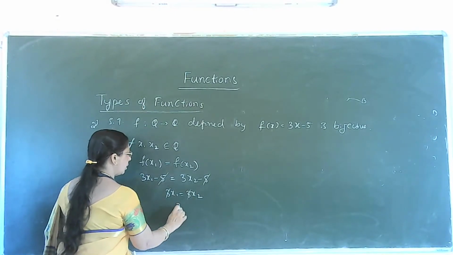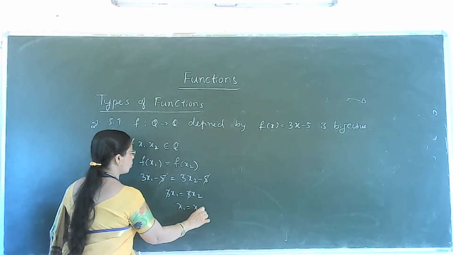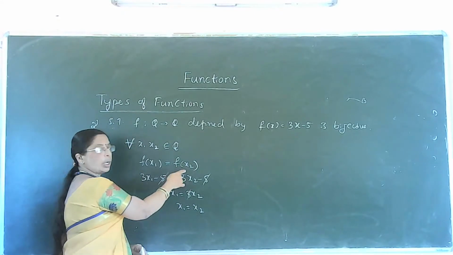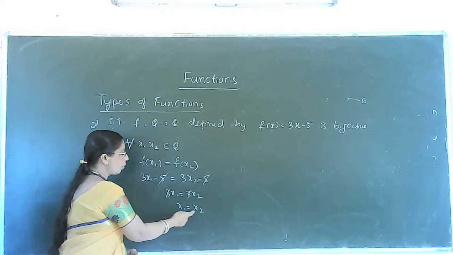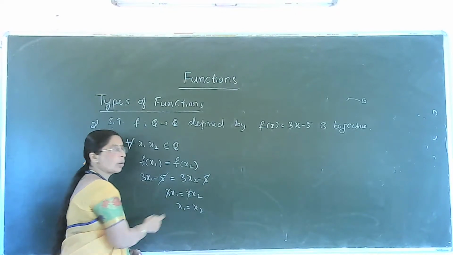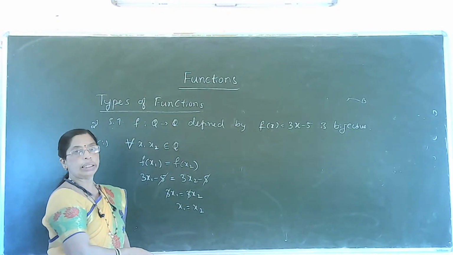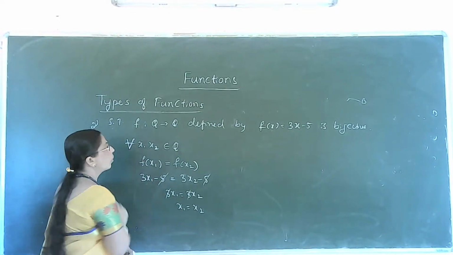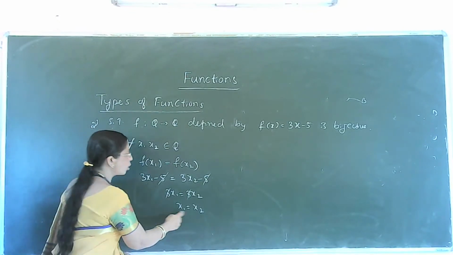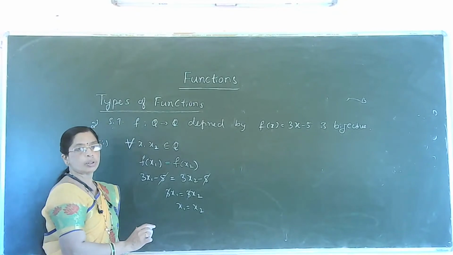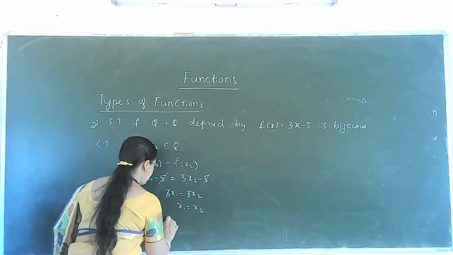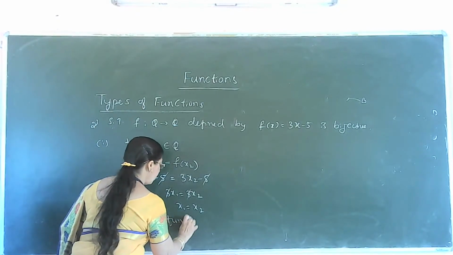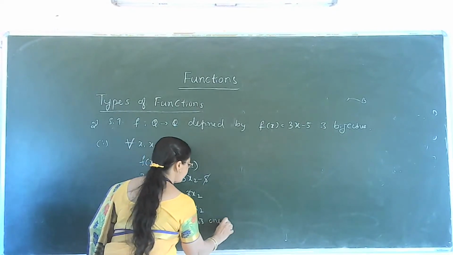Here also 3 cancels. Then x1 is equal to x2. If f of x1 is equal to f of x2, then x1 is equal to x2 also. Then only we call it a one-one function. If it is not equal, the function is not one-one. The function is one-one.